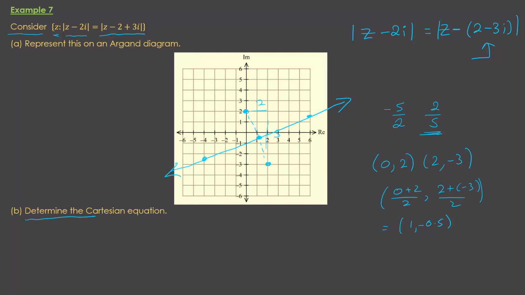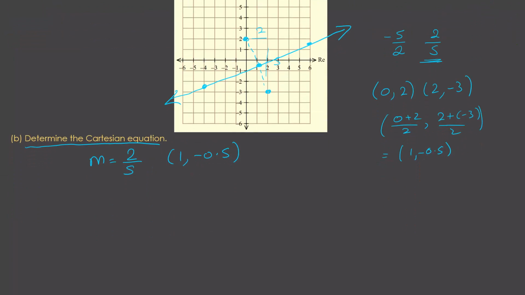We now want to determine the Cartesian equation. So we know that the gradient, as discussed, was 2/5. We also know it goes through the point (1, −0.5). So y = 2/5 x + c.